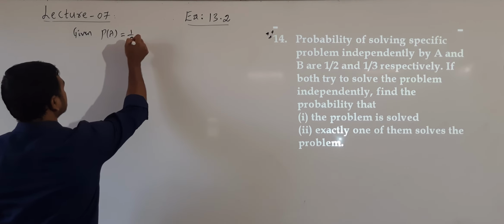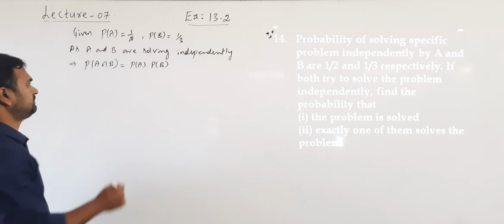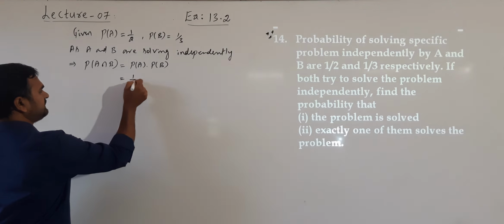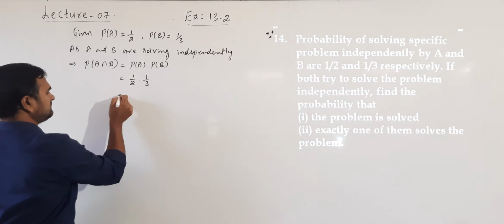Probability of A intersection B is equal to P of A into P of B. Whenever they are solving independently, the condition is P of A into P of B. P of A is 1 by 2, P of B is 1 by 3. So the probability of A intersection B is 1 by 6. Now once we know P of A, P of B and P of A intersection B, we can solve these two parts. See the first part: we have to find the probability that the problem is solved.